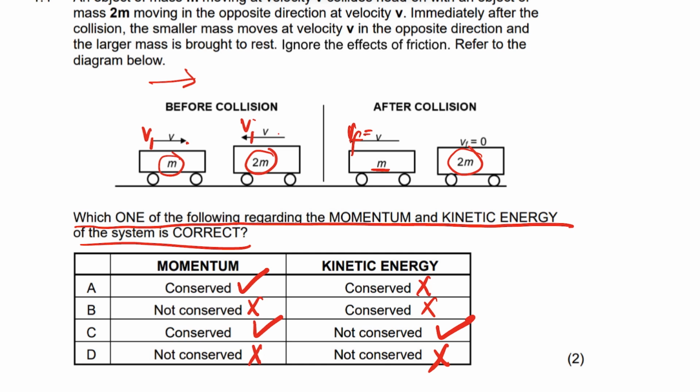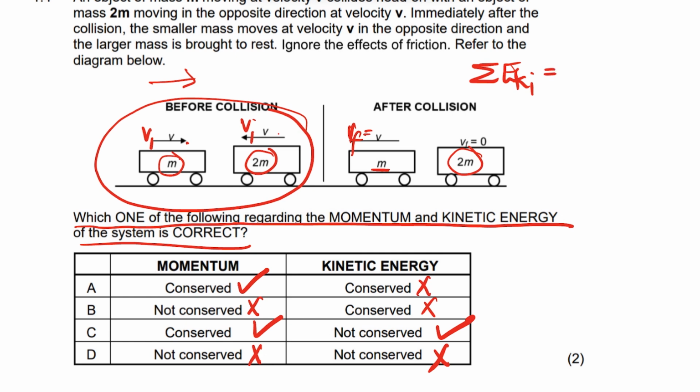Even by calculation, let me show you by calculation, maybe just the theoretical doesn't make sense. Let's say the total kinetic energy before is half m times v squared, plus half 2m times v squared.